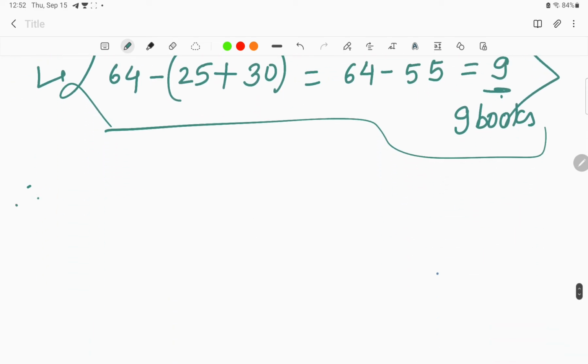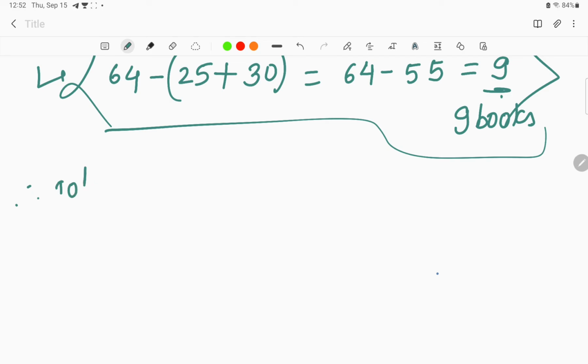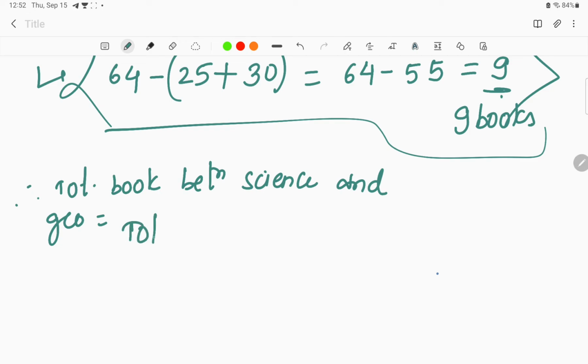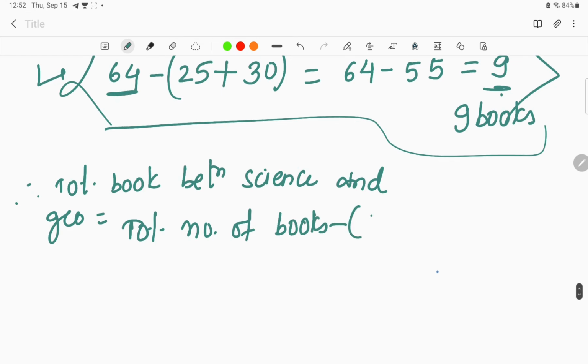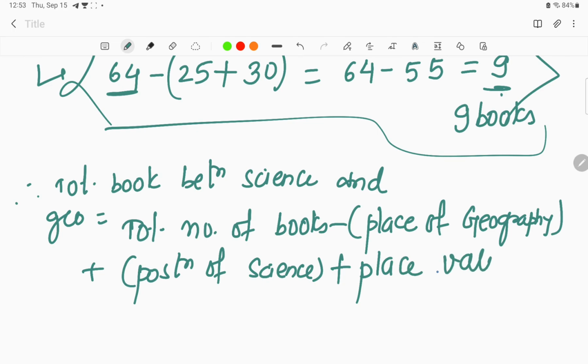So the formula to find the books between science and geography is: total number of books, that is the 64 books given in the question, minus the position of geography plus the position of the science book, plus the place value of geography from the right side.